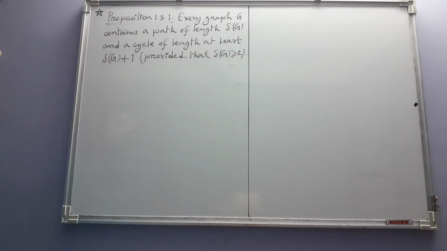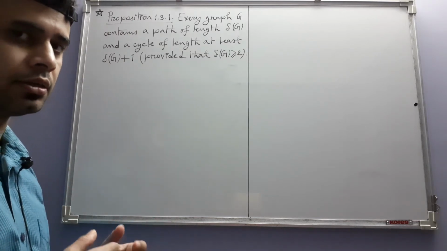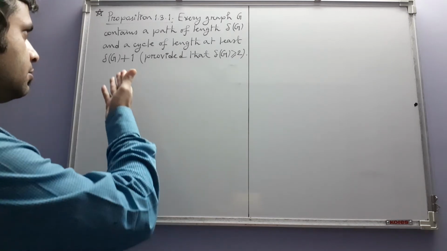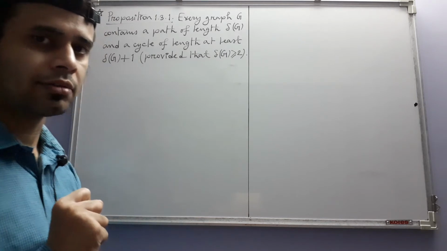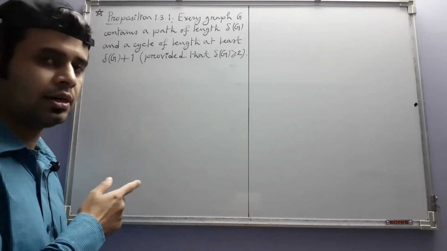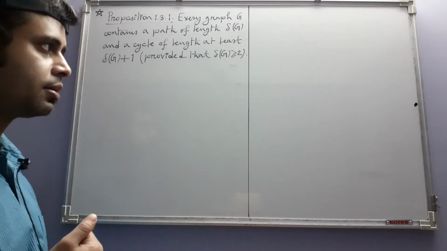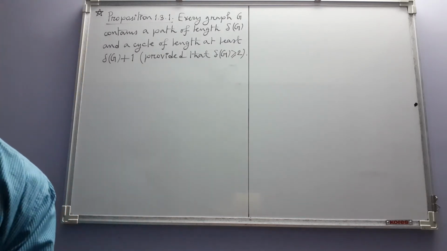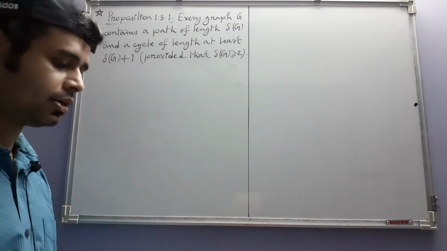Note that although this proposition tells us something about the existence of a cycle of at least this length in the graph, it does not say anything about the girth of the graph, which is the length of the smallest possible cycle in a graph. So these two things, minimum degree and girth, in general are not related.